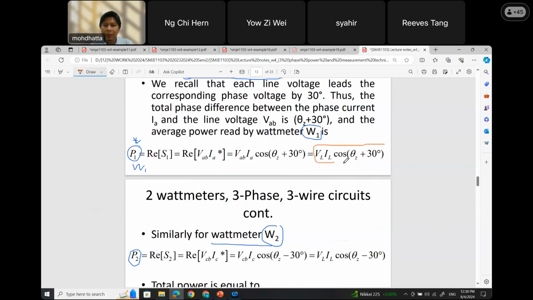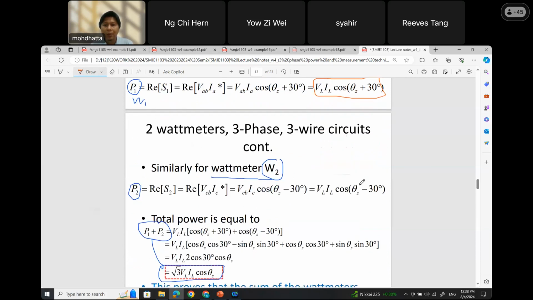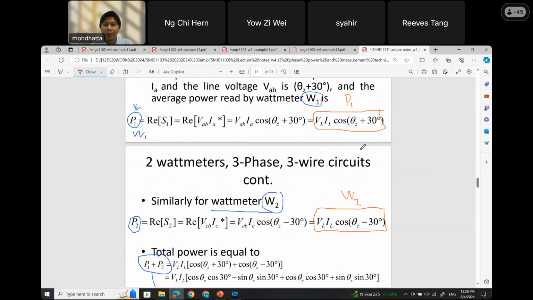This equation is very important for you to calculate your P1 or W1. And this equation is very important for you to calculate W2. The difference will be the one at the top. For P1, we have plus. For W2, we have minus.